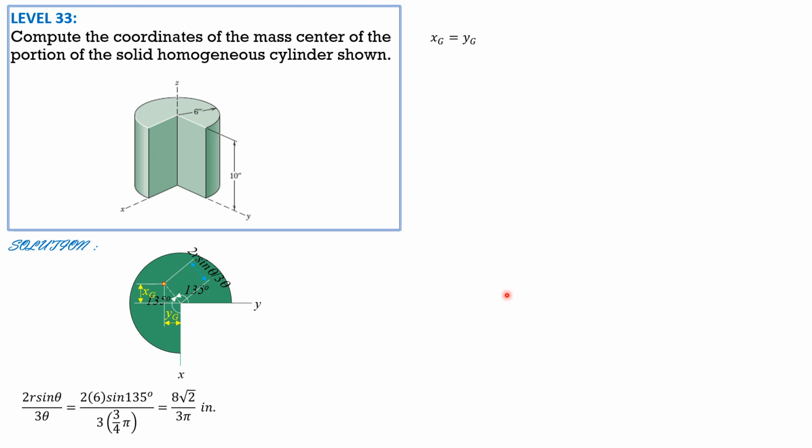So xg equals yg equals negative of quantity 8 square root of 2 over 3 pi times sine of 45 degrees. So simplifying, xg and yg are negative 8 over 3 pi inches, and zg is, as mentioned earlier, 5 inches. So that's it for this problem.